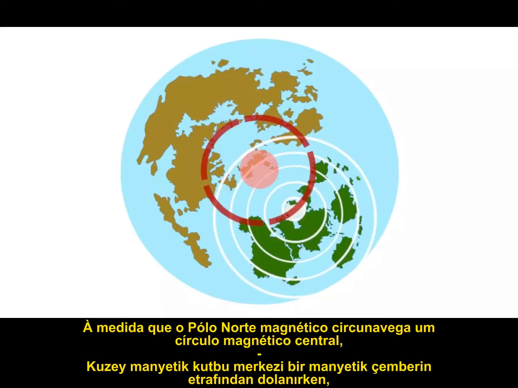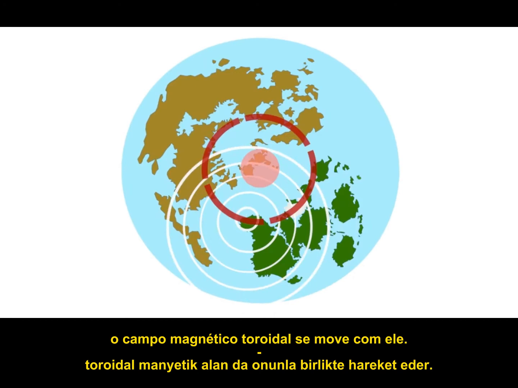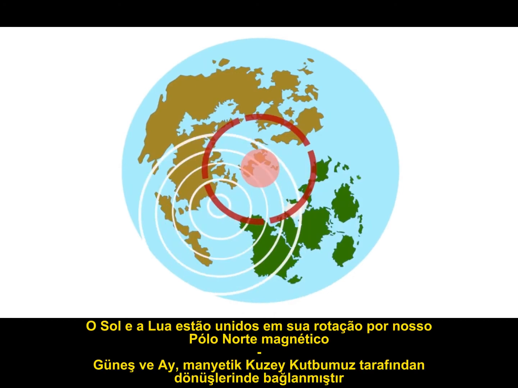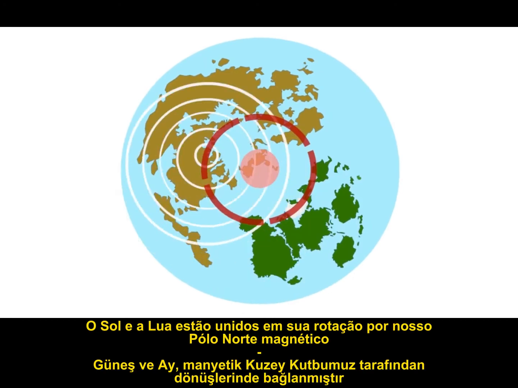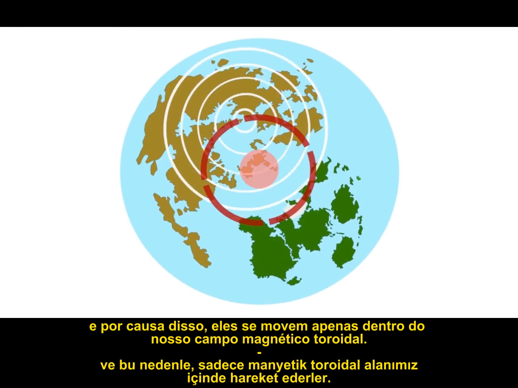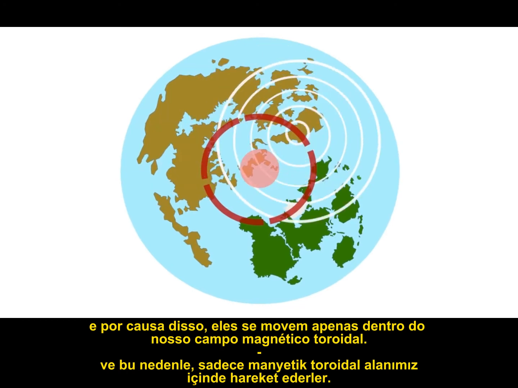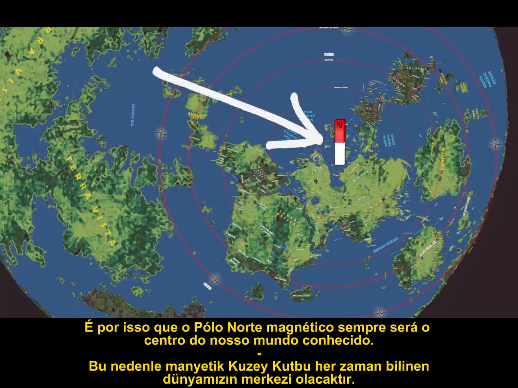As the North Magnetic Pole circumvents the central magnetic circle, the toroidal magnetic field moves with it. The sun and moon are bound in their revolution by our magnetic North Pole, and because of this, they move within our magnetic toroidal field only. This is why the magnetic North Pole will always be the center of our known world.